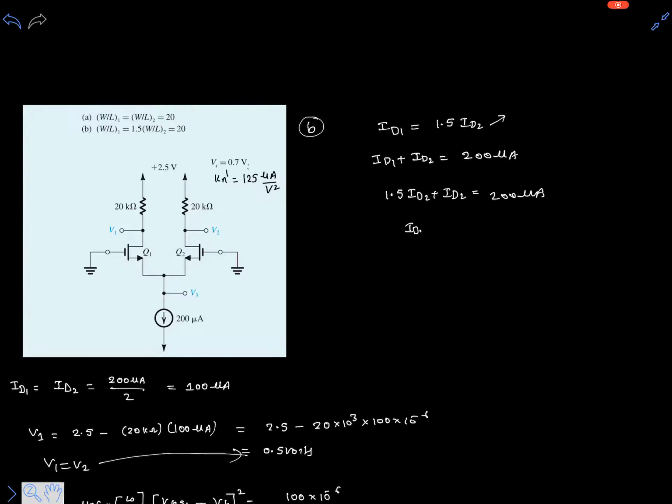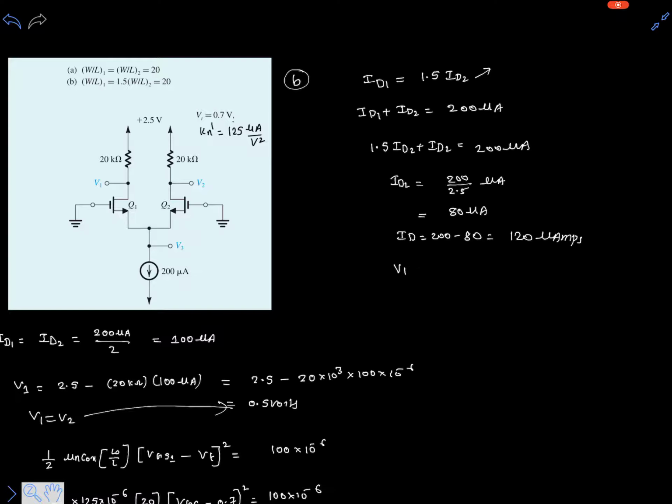So ID2 is 200 over 2.5 microamperes. So how much is this? This is 80 microamperes, and ID1 is obviously 200 minus 80, that is 120 microamperes.